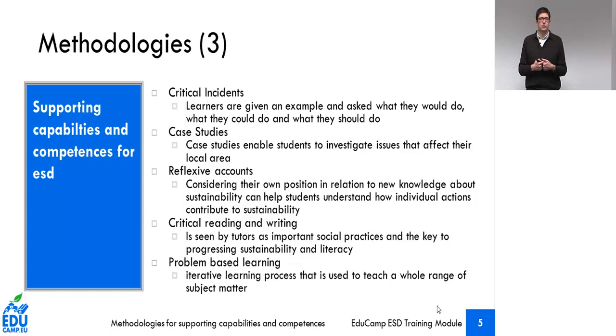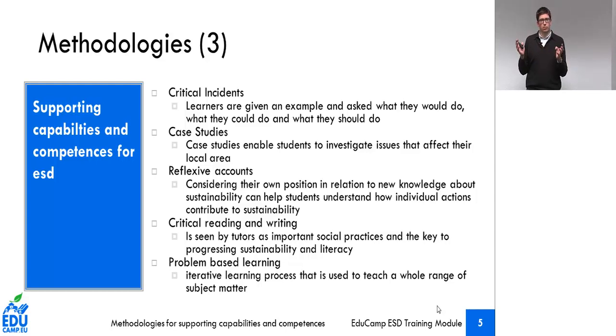Case studies enable students to investigate issues that affect the local area, for example. You can also have case studies on issues of the development agenda, development cooperation. We can also have case studies on how fishermen might work together facing the challenge of large fisheries fishing in the same sea and so on.